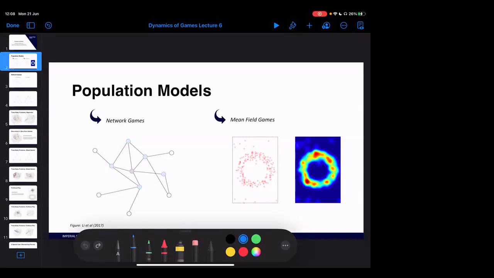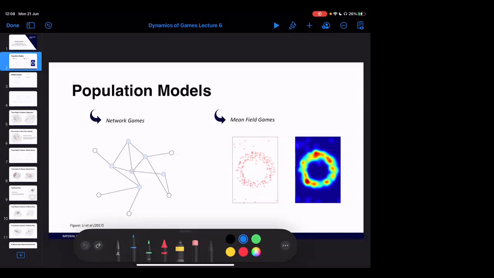The second way that we want to look at populations is through what's called a mean field game. In the mean field game, essentially the idea is that we take the number of agents and extend it all the way out to infinity.